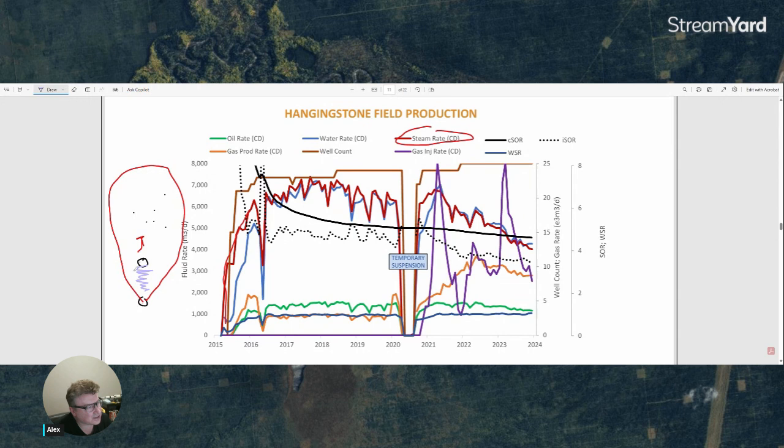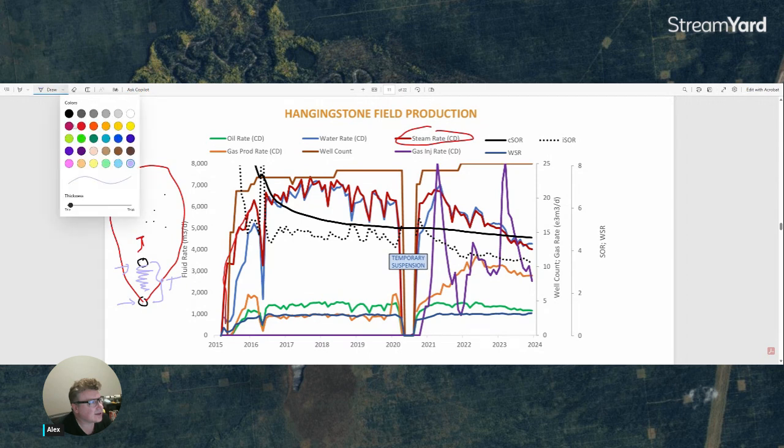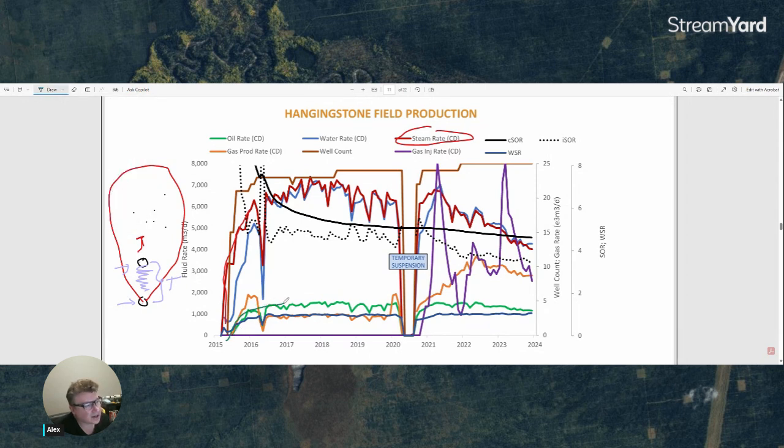You inject steam, or hot water, in both the injector and the producer, and you circulate those wells. You're trying to create a temperature connection between injector and producer. That's why you see a delay in oil production from 2015 towards 2016: you have this big increase in steam, but there is a lagging effect on the oil being produced.